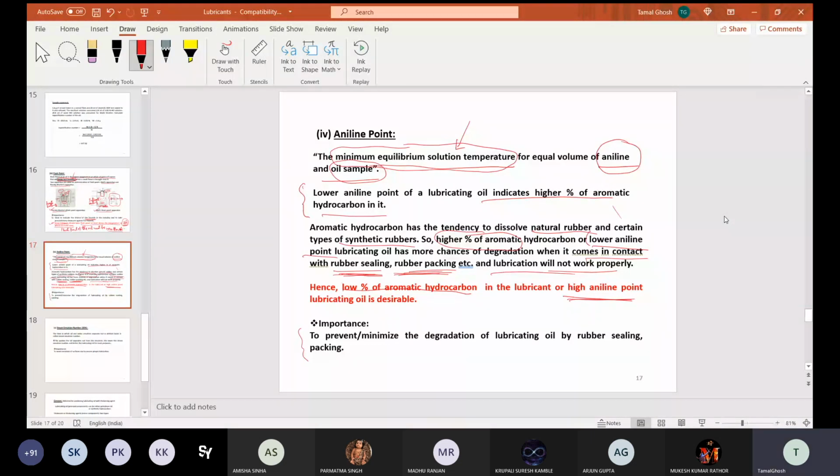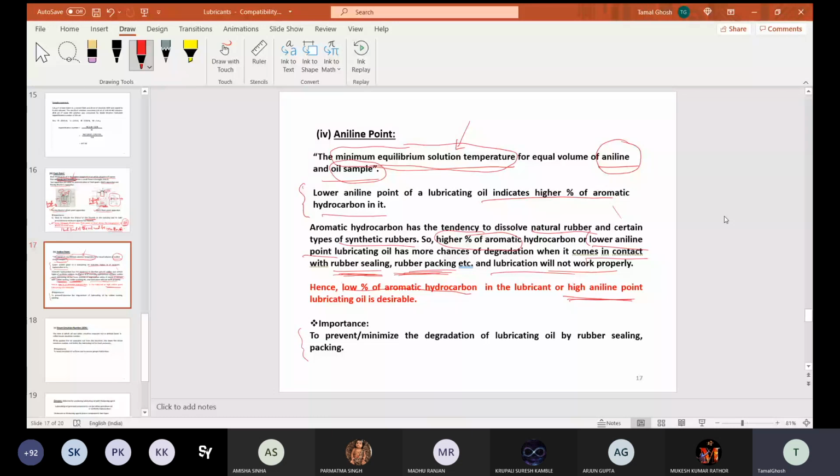Now, if you increase the temperature, then a situation will come when these two will make a single phase. That means they will be miscible. Okay, this word miscible, just after this we'll consider phase equilibrium, so there also we'll understand. So basically they will be miscible and they will form a single phase.